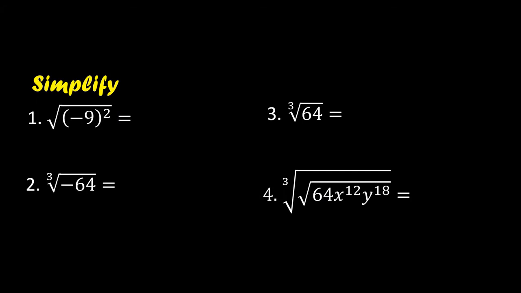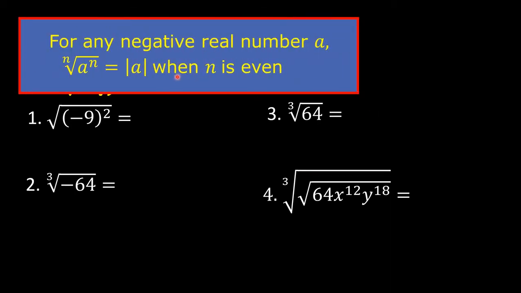Simplify these radical expressions. Number 1, the square root of (negative 9) squared. This can be simplified by using this law of radicals. For any negative real number a, the nth root of a raised to n is equal to the absolute value of a when n is even.